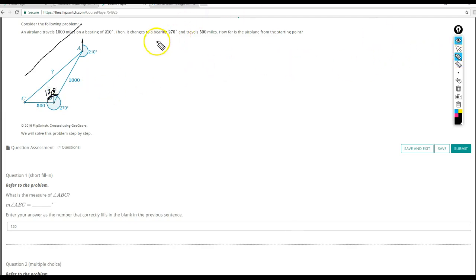If I'm looking at the law of sines, the law of sines is a proportion setup.